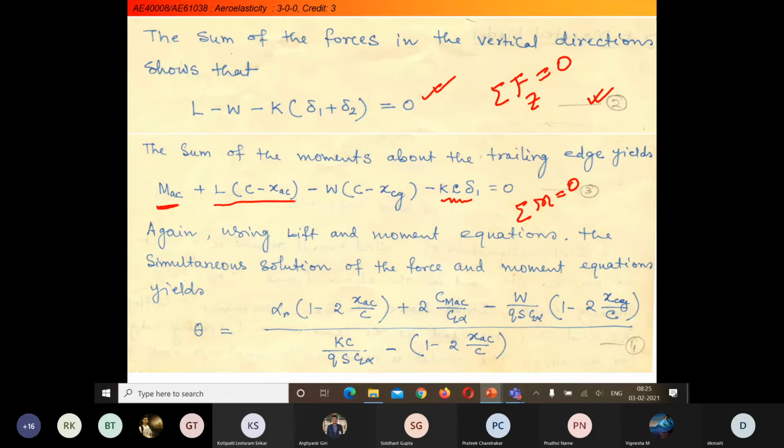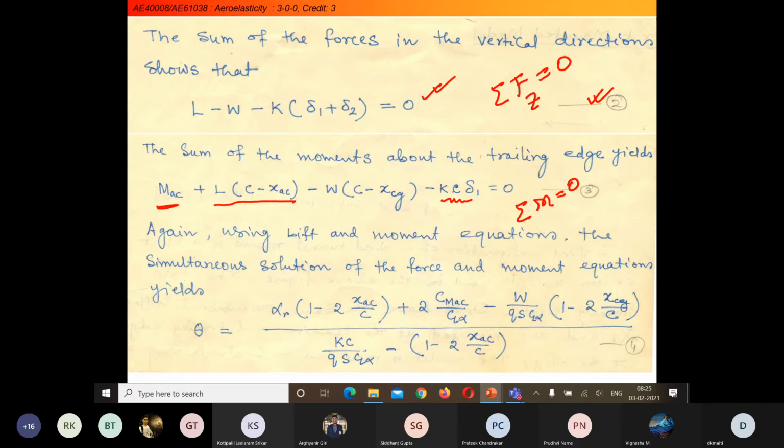The moment due to the lift force is also in the same direction as MAC, clockwise. Then I am taking minus, because the weight is creating an anti-clockwise moment about the trailing edge. This is also creating an anti-clockwise moment about the trailing edge. Is it okay?